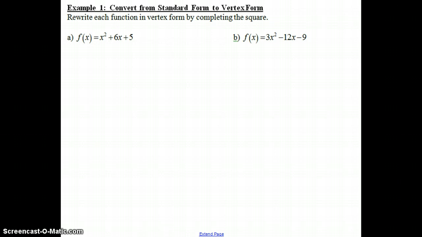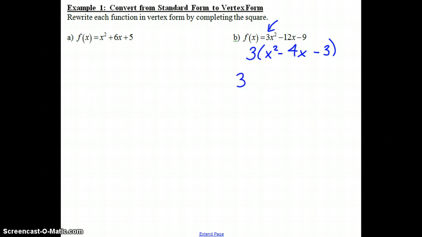So let's try b then. First step is, again, to remove that coefficient. If we remove that coefficient, we're going to get 3 times x squared minus 4x minus 3. Then our next step is to put in our blanks.